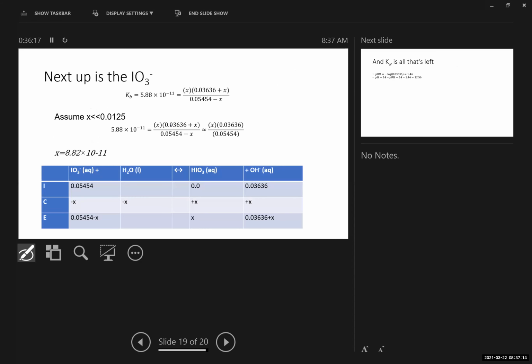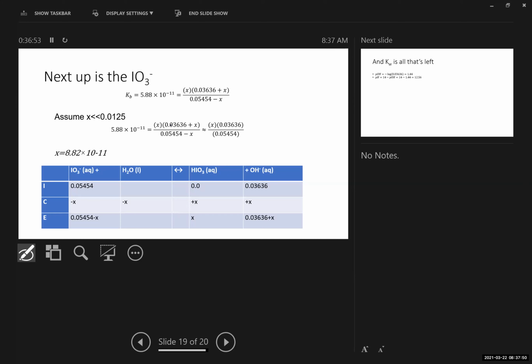So at this point, I have no iodic acid. I have 0.05454 molar iodate. I do have hydroxide still left over from the first reaction. And so I just start the second one where the first one ended.